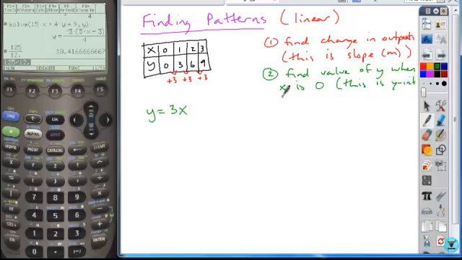This is your y-intercept, or in this case, the b value. We're using the form y equals mx plus b, the linear equation, slope-intercept form.